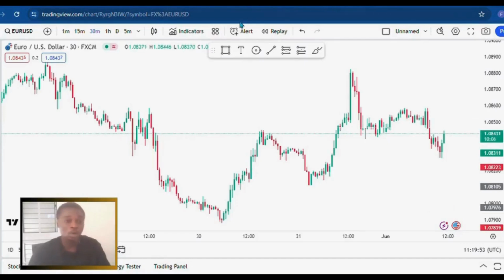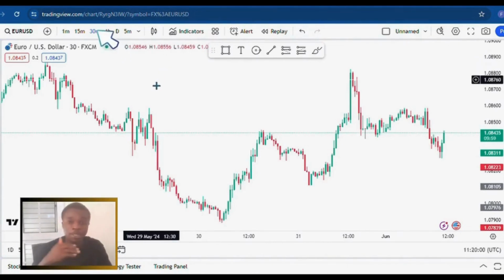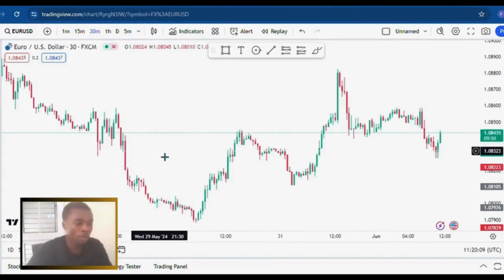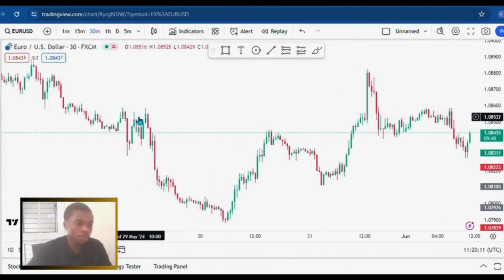So first guys, what is a time frame? For some of you who don't know what a time frame is, as you can see on the chart, this is the 30 minutes time frame which I'm making use of. All what you're seeing here are candlesticks. On this 30 minutes chart, each candlestick which you're seeing right here, these red and green candlesticks, takes 30 minutes to form.